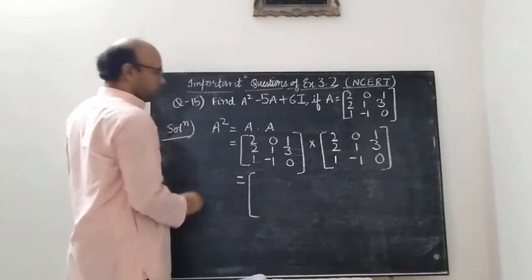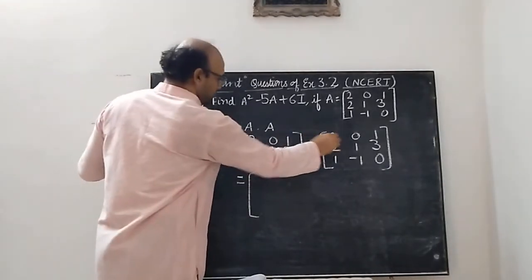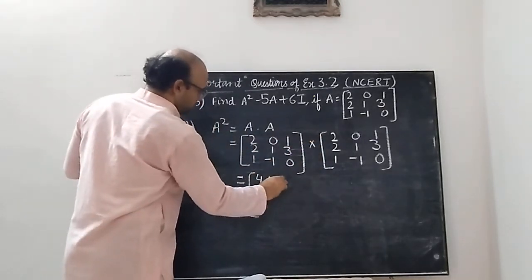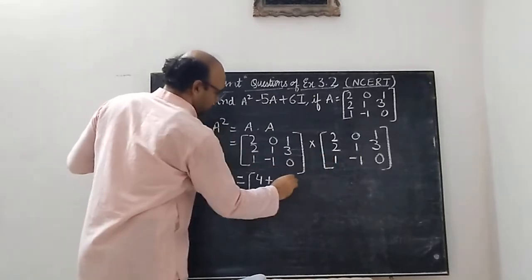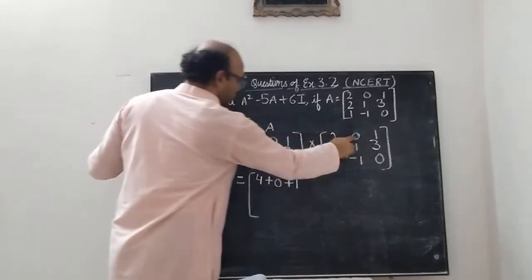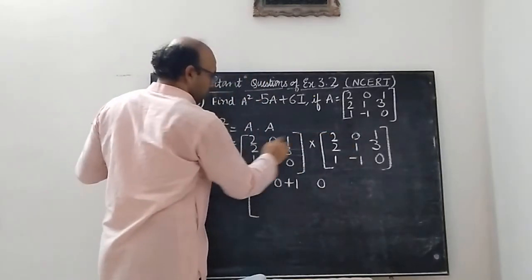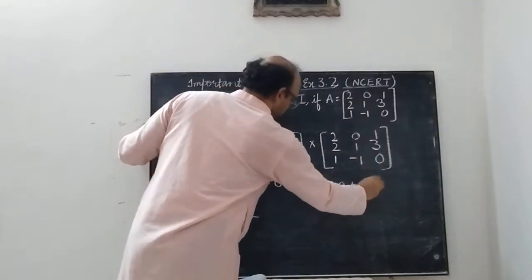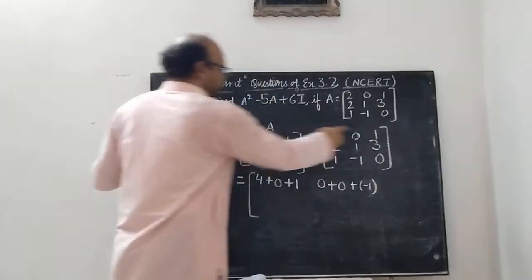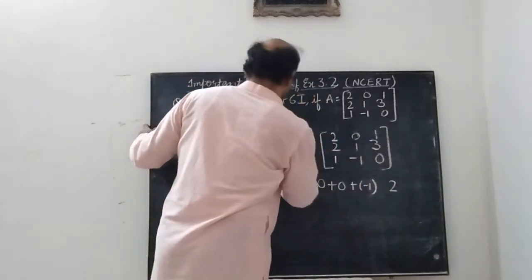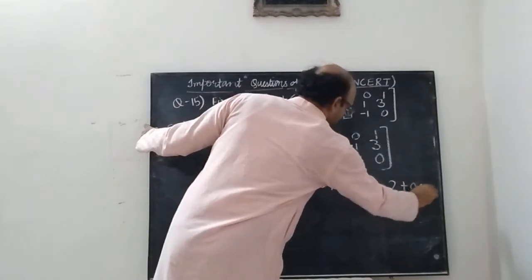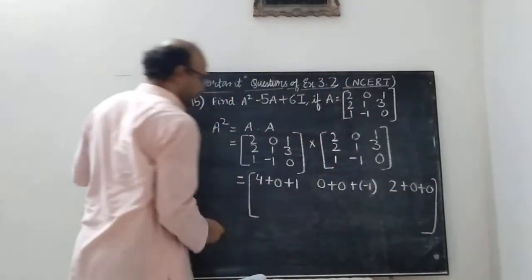And if you take the product, you have 2 cross 2 is 4, plus 0, plus 1. Then 2 into 0 is 0, 0 into 1 is 0, and 1 into minus 1 is minus 1. Then you have 2 into 1 is 2, 0, and then 0. So 2 plus 0 plus 0.